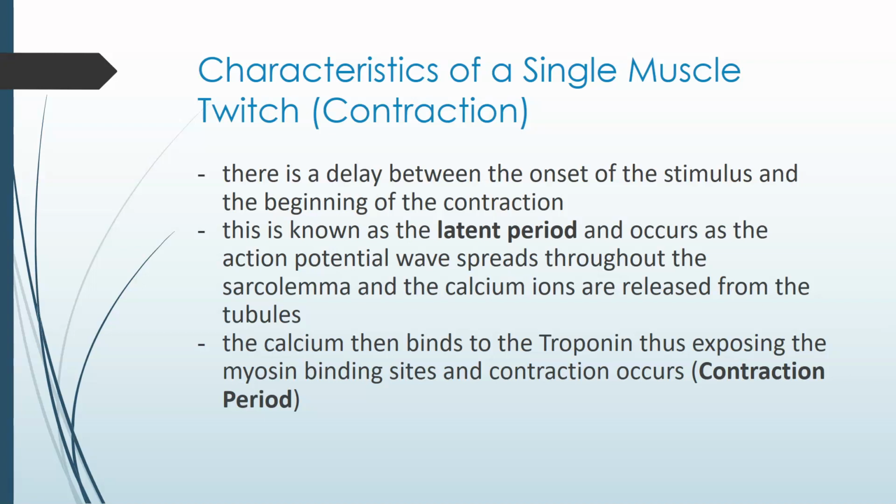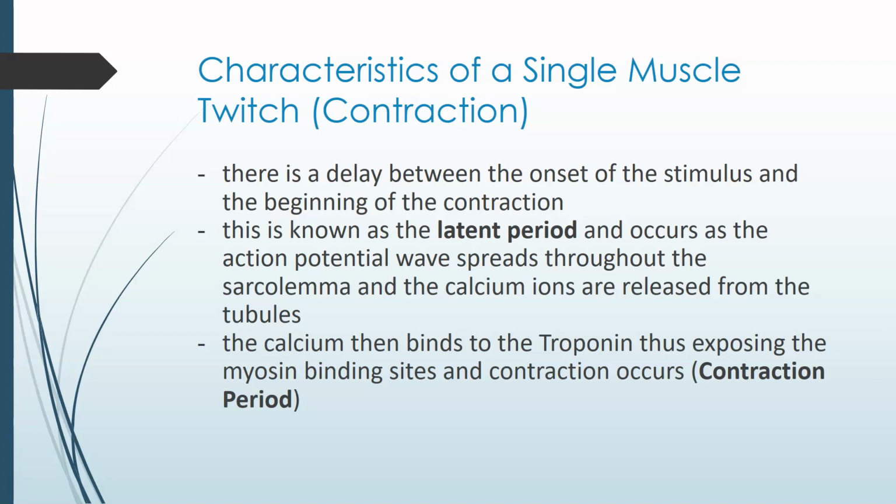So it does take a little bit of time for the message to cross the synaptic cleft, for the creation of the action potential, for the action potential to move along the sarcolemma, for the action potential to go down the T-tubule and stimulate the terminal cisternae to release the calcium. And this is known as the latent period, this minor amount of time where things occur. It is quick, but it is there.